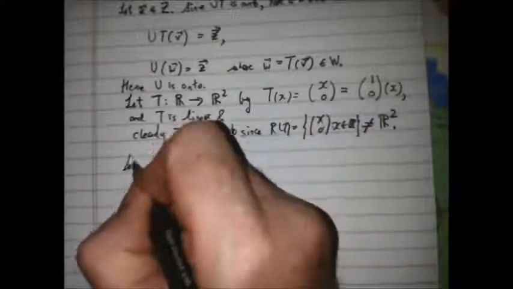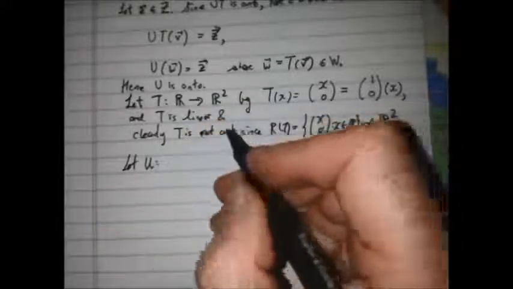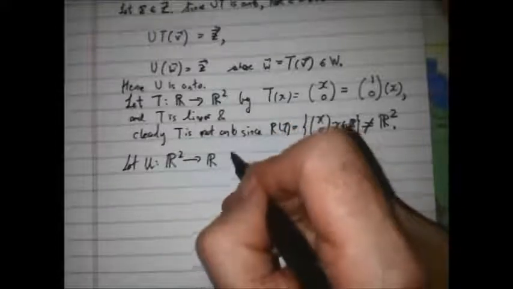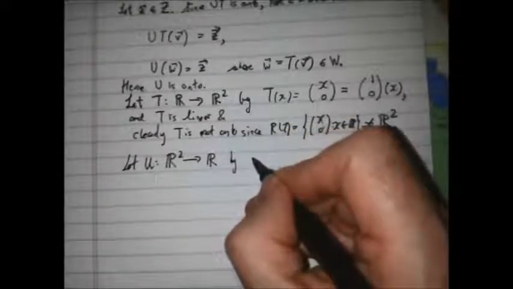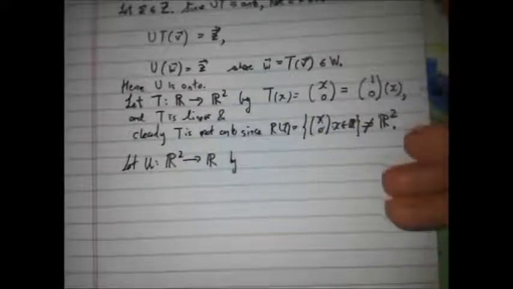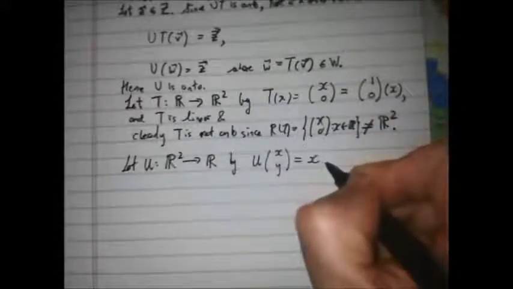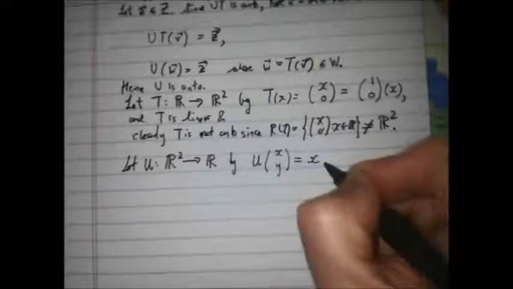So what we do is we let U go from R2 to R by U of a vector (x, y) is the number x, which is linear because this is equal to (x, y) times the matrix (1, 0) on the left.